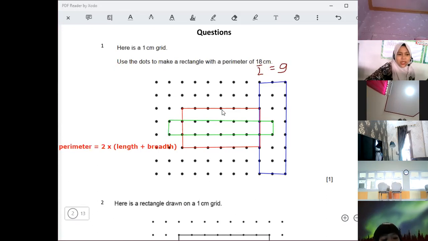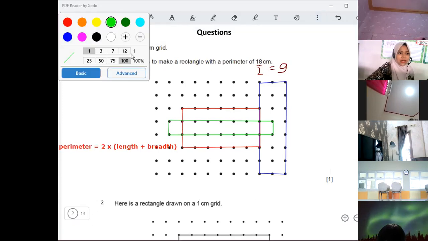So you may choose which one. Is this one, this one, this one, or maybe one more? Do you have any idea for one more? 6 and 3, 5 and 4, yeah. You can have 5 and 4 too.